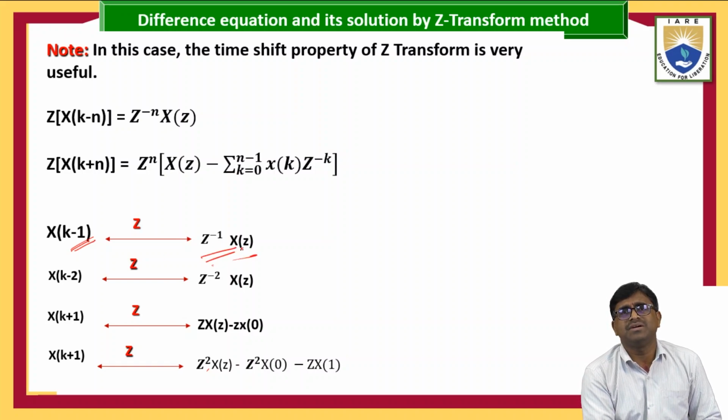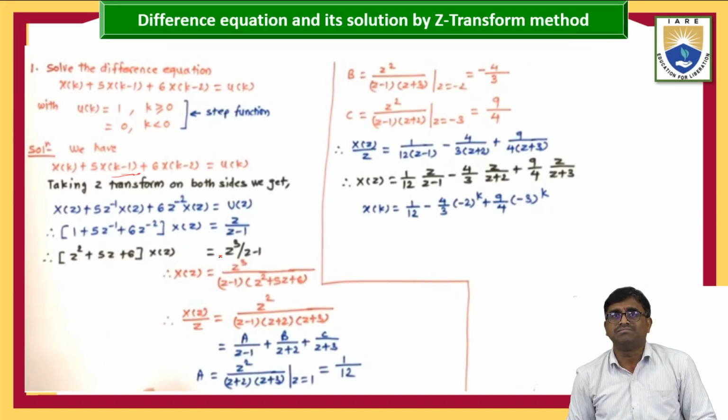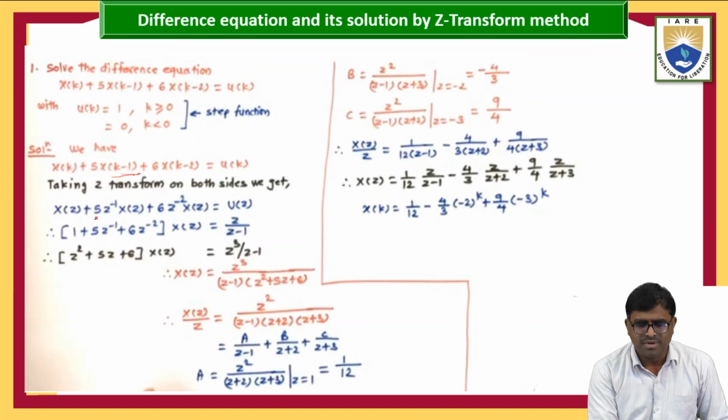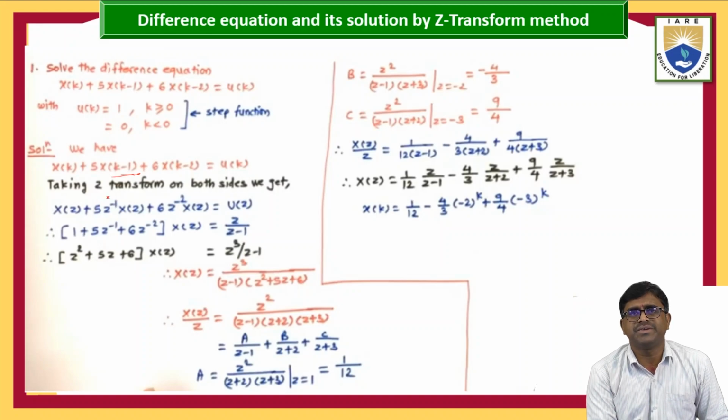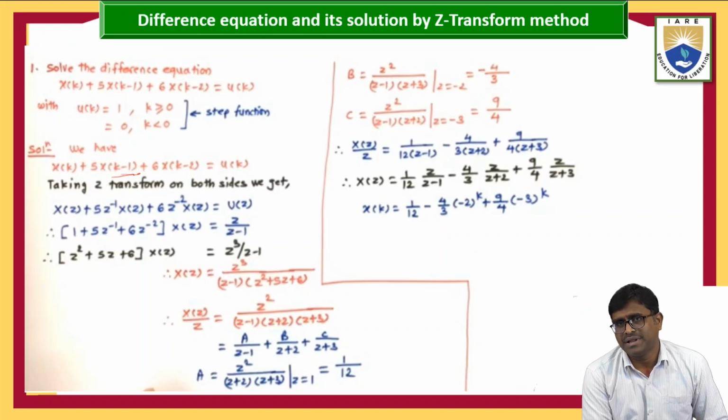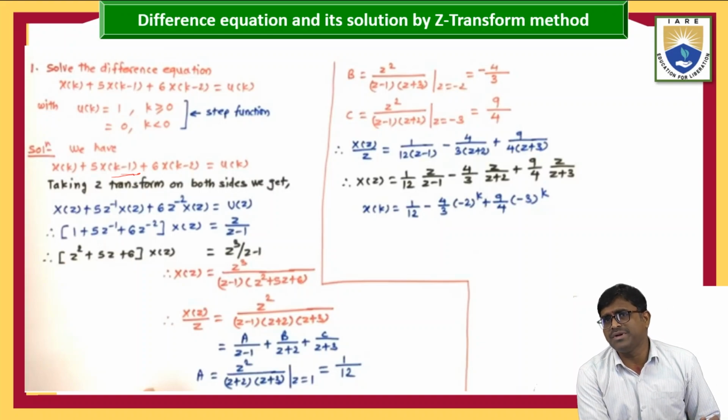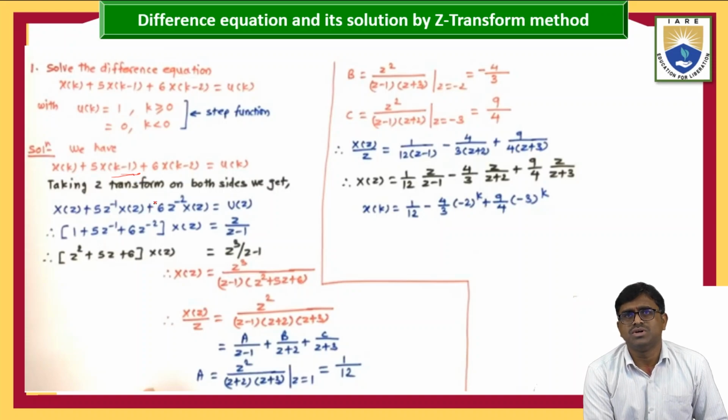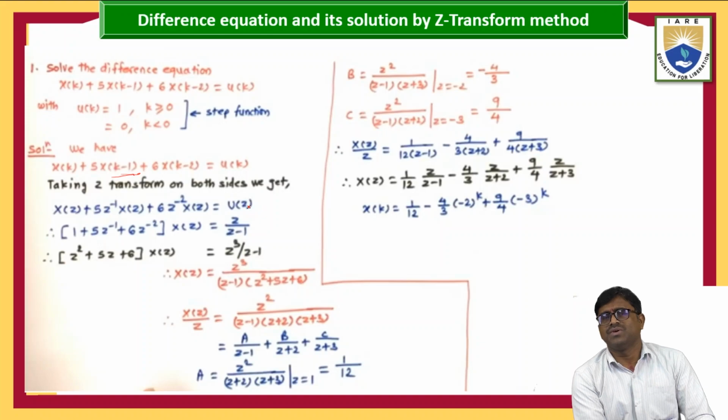Similarly, 5 into z power minus 1 into x of z. Next, plus 6 into z power of minus 2 into the same function x of z, equal to u of z.